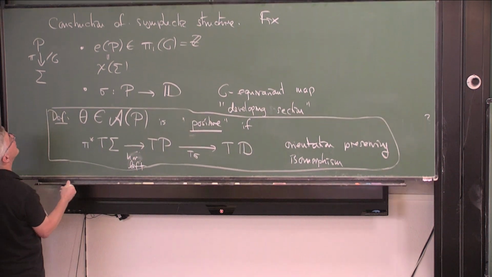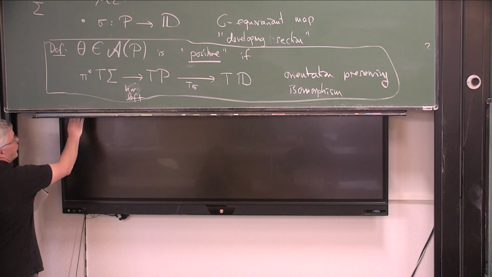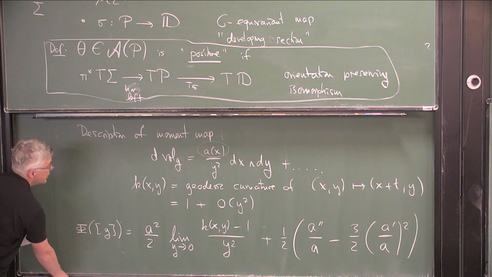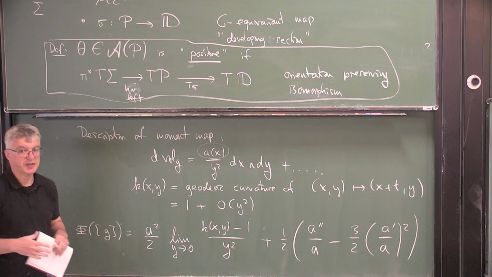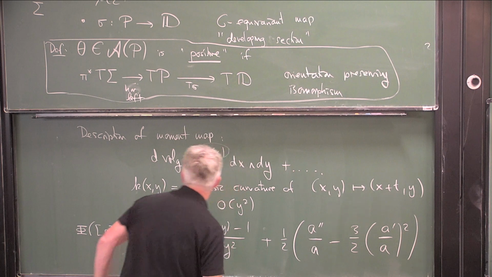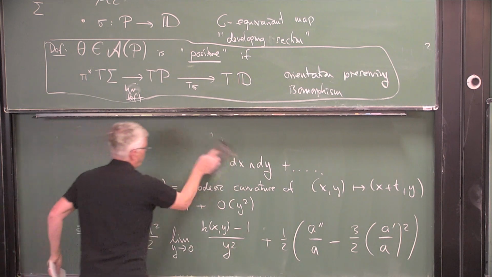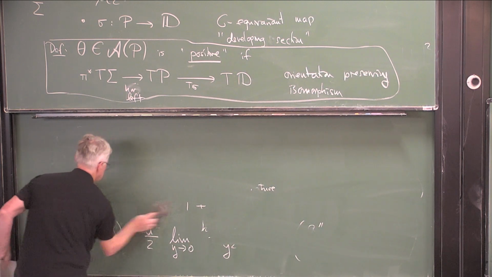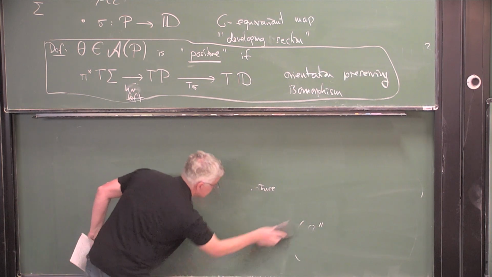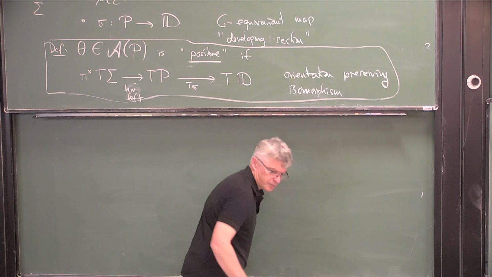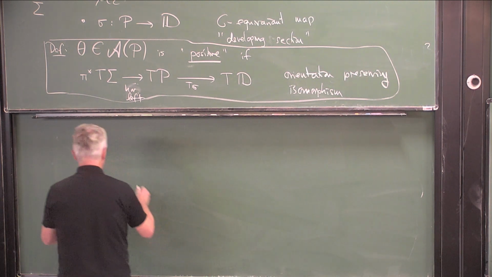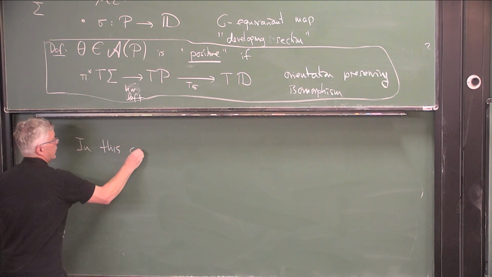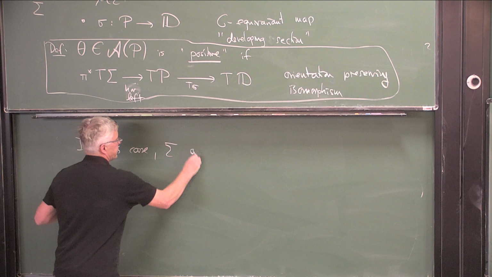Right. And what is it good for? Well, if you have such a positive connection, then you get automatically a Riemannian metric. Again, this is why it's used in this theory of geometric structures. In this case, sigma gets a Riemannian metric.